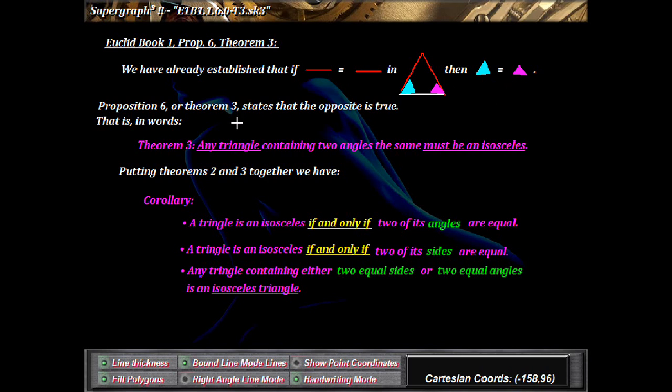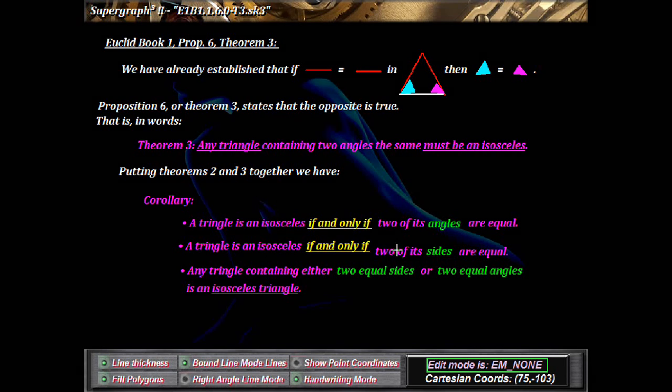Proposition 6 states the opposite is true, and that is any triangle containing two angles the same must be an isosceles triangle. And I've put it in three other ways, as corollaries, or however you can say it.